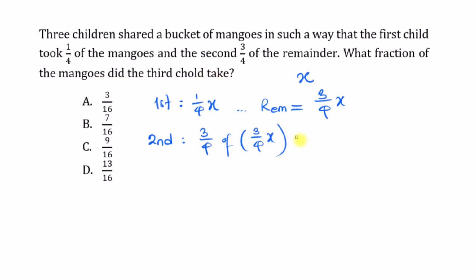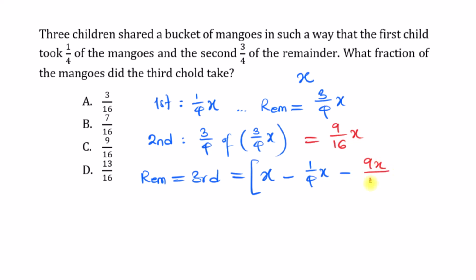So of course after this we are still going to have another remainder, but that remainder is what the third child is taking, which is going to be everything, x, the whole of it, minus what the first child took, 1 over 4 x, minus what the second child is taking. What that second child is taking, we can find as 3 over 4 of 3 over 4 x, which will be 9 over 16 x. Okay, so you're having it as minus 9x over 16.